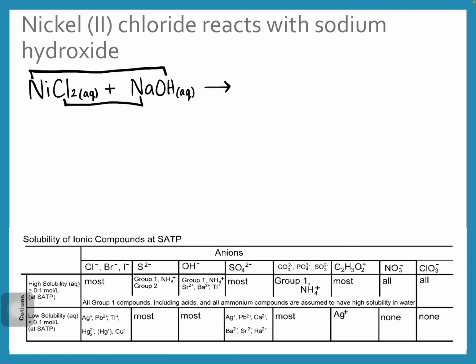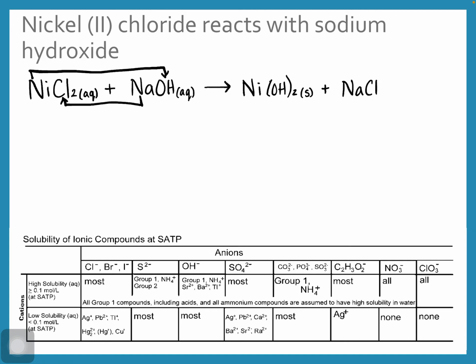So nickel hydroxide: nickel was a 2 plus, hydroxide's a 1 minus, so as I crisscross I need 1 nickel and 2 hydroxide. Hydroxide is highly soluble with all of these. Nickel does not fall into that, so it is low solubility. And then the other is sodium chloride.